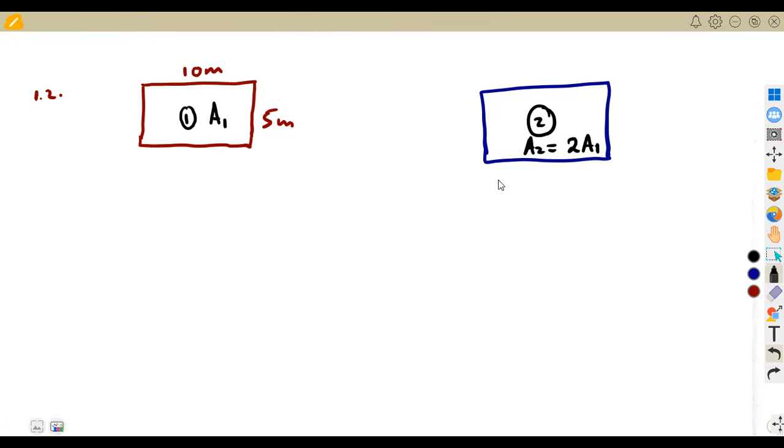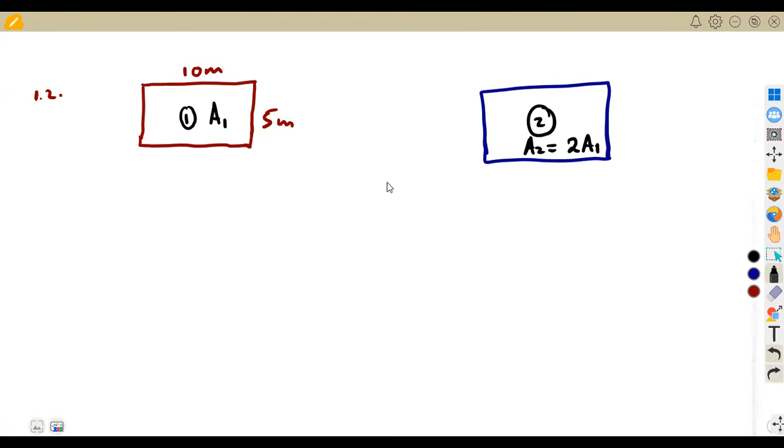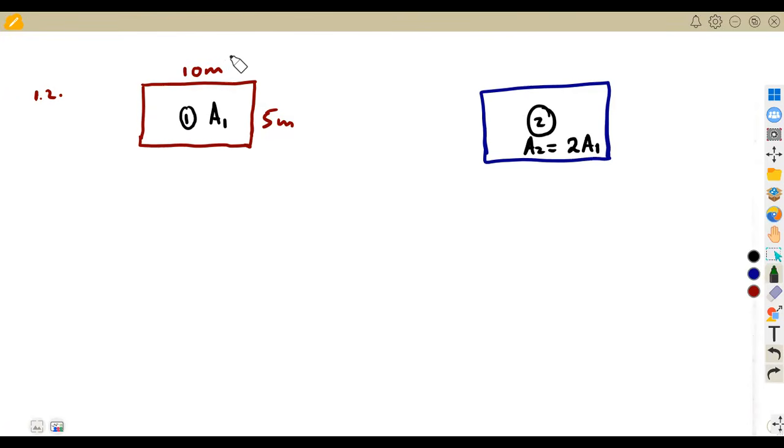But it has to double if we increase the dimensions of this rectangle by the same unit of length. We do not know that length that we are going to use, but we know that we are going to increase by a certain length. To increase is to add. So maybe we add 5 or 7, we do not know. The part that we do not know, let it be x. So we've got 10 plus x.